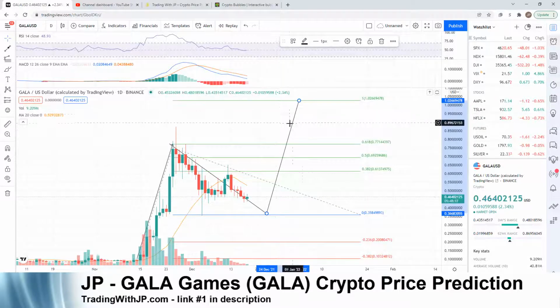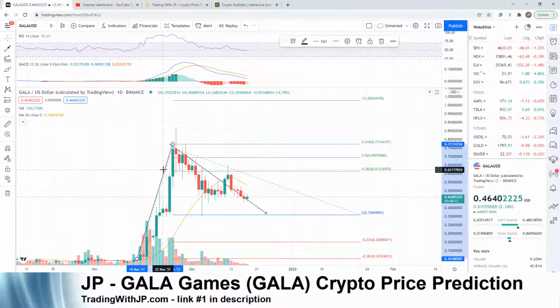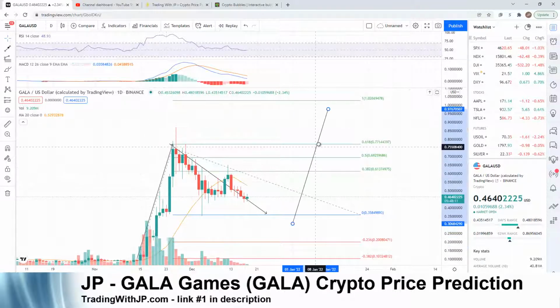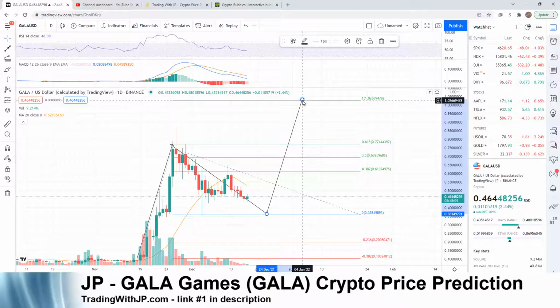And gosh, if we take this line again, duplicate it, and continue that same run from right here, this is saying potentially by January 4th of 2022.